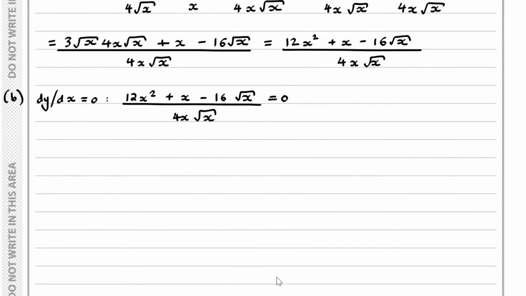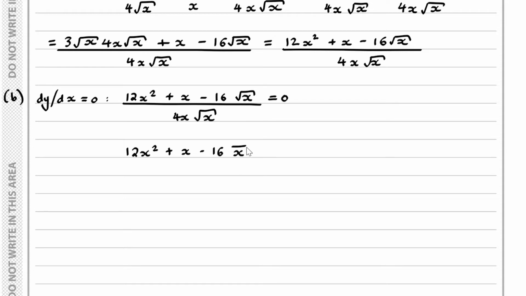So with this we can tidy all this up. So multiplying through by 4x times by the square root of x, we have 12x squared plus x minus 16 times by the square root of x.